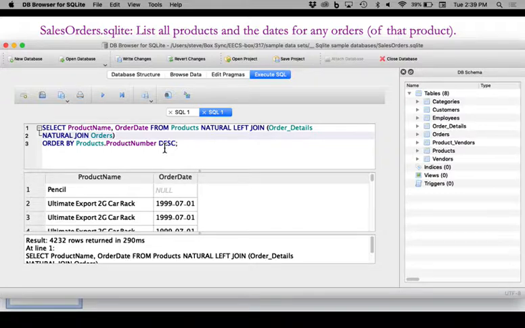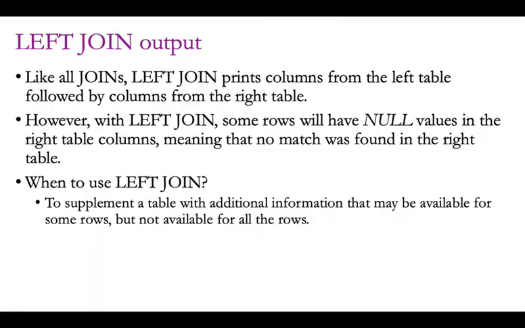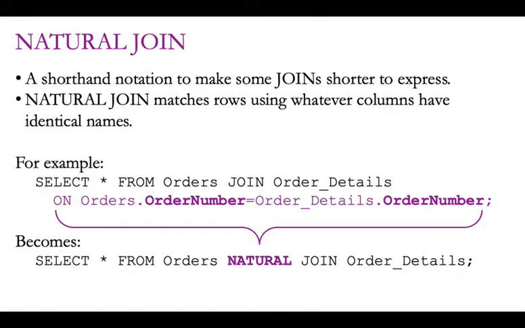Well, the natural part of that query changes. It creates an implicit on condition to specify how the rows are matched. So remember, when we do natural join, it's true whether it's an inner join or a left join or whatever. Whenever that natural keyword appears, that means that those two tables will be combined using an equality of all the columns that they share that have the same name.